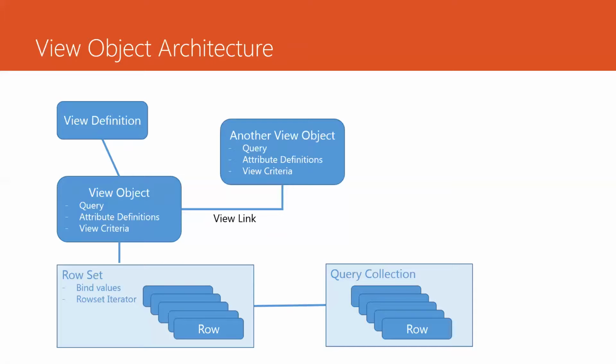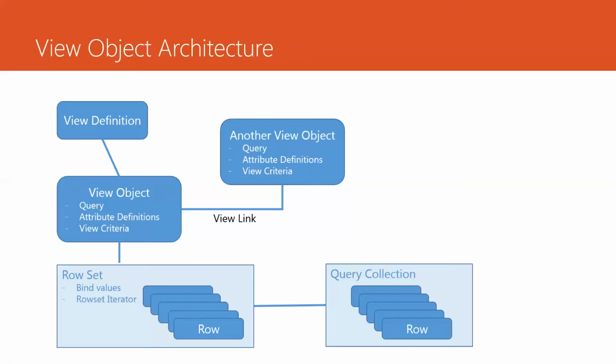But in cases where the query collection is a superset of these row sets, for example, there are some 10 rows in the query collection, and using our bind variables, we are mapping to one of the rows, and the second bind variable is getting the second row. In that case, the same query collection will be used, but there will be different row sets. So the same data we are looking at, but through different row sets. That's why there is a split of row sets and collections.